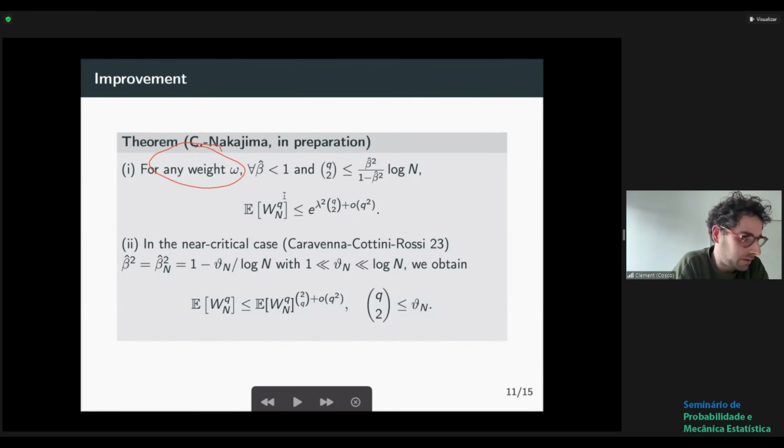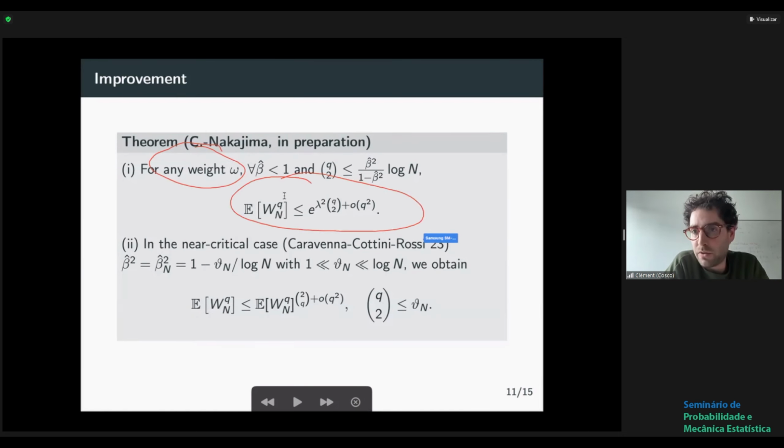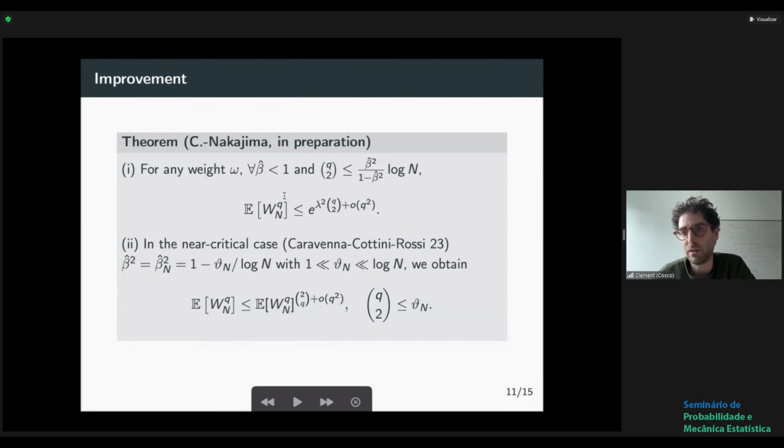So I think once you can get the moments without the Gaussian assumption, then you don't need to suppose anymore that the omegas are Gaussian. That was the only technical limit so far. So I think it should not appear anymore later on. And also weights should not change anything to the behavior, as long as you have, for example, exponential moments. Of course, you can ask where it should break, but this I don't know.